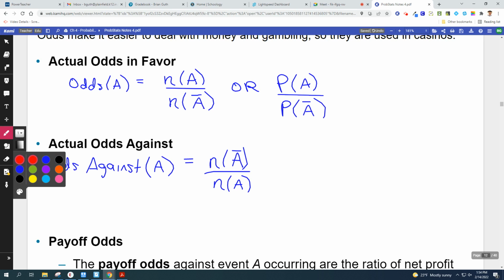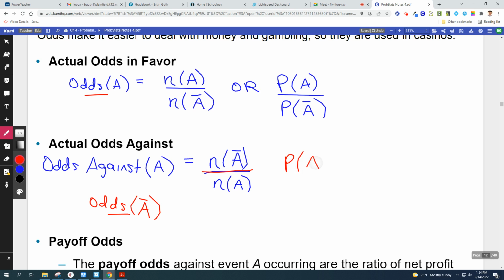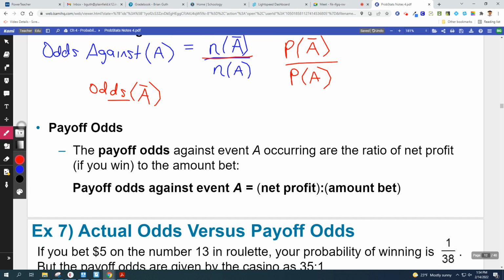The way I like to look at it is, if you think about odds against A, think about that like this, odds of the complement. I mean, that's really what we're talking about. If you think about it in this way, it's the same formula. Whatever you're looking at is on the top of this fraction. Probability of the complement over probability of the event. That's your odds against, your actual odds against.